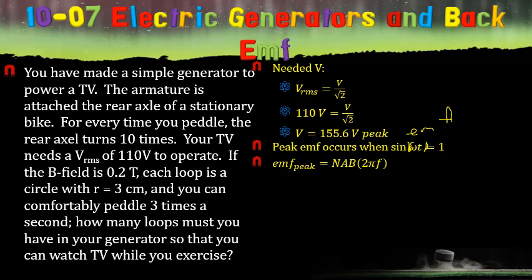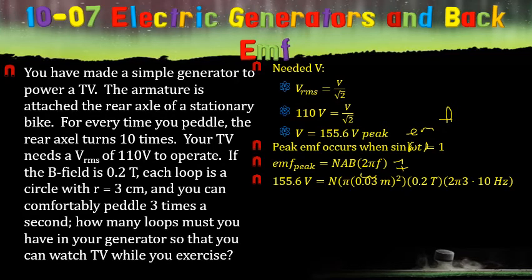So if we fill this into the formula and I let sine of the angular velocity times time equal 1, that would have been here, a nice little 1. And I replace the angular velocity with 2 pi times frequency. I can fill things in because that's the stuff I had. So that was our peak voltage. Our area, it's a circle, so it's pi r squared. The magnetic field is that.